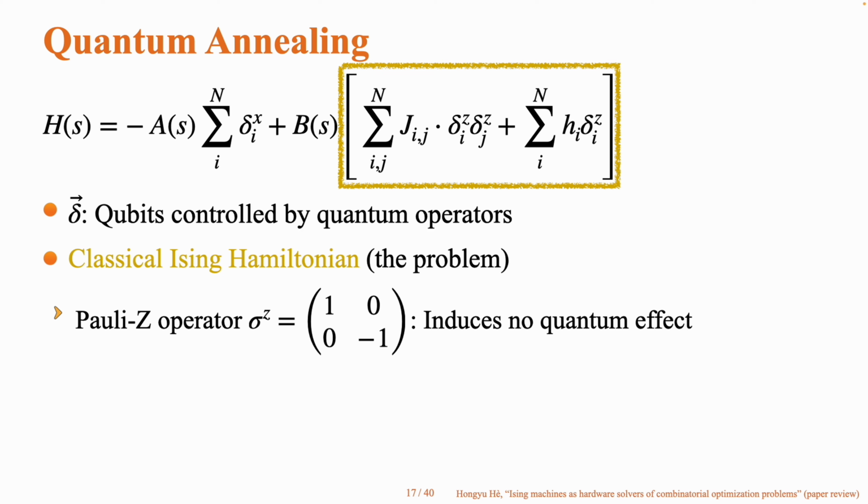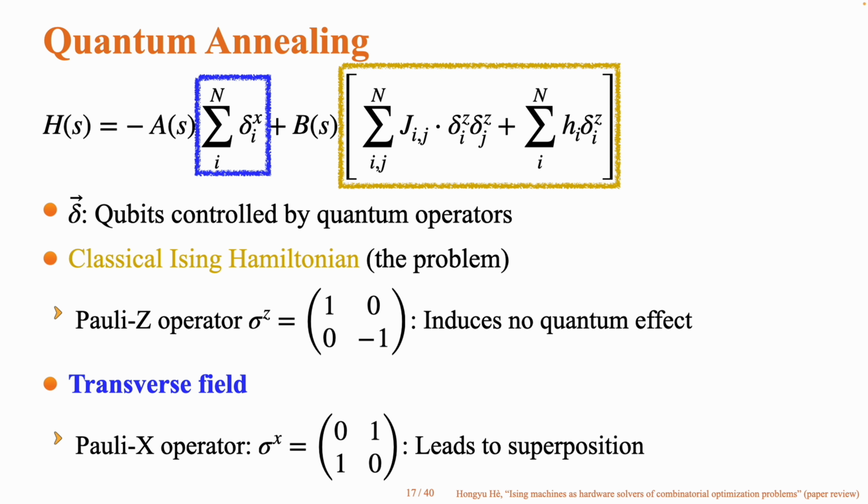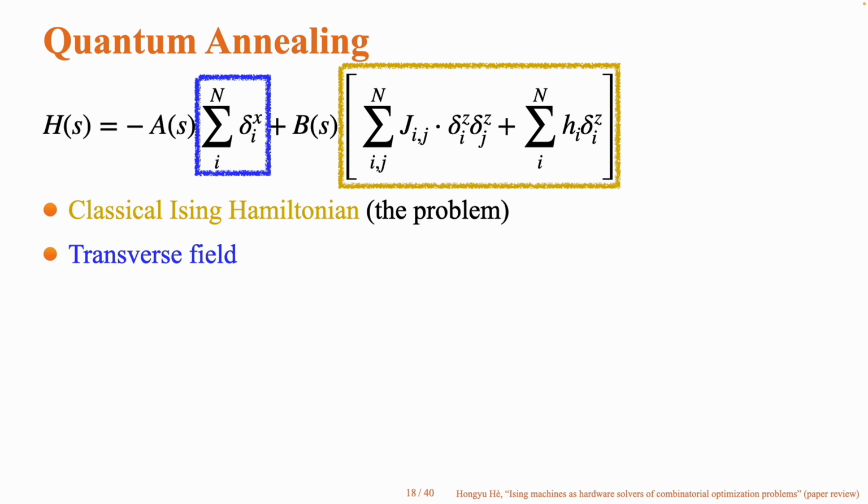So it doesn't introduce the quantum effect, which is why we have the second term, the transverse field, where we have the Pauli X operator, which is non-commuting. This operator pushes the whole problem statement into a superposition, and this introduces something called the delocalization effect.